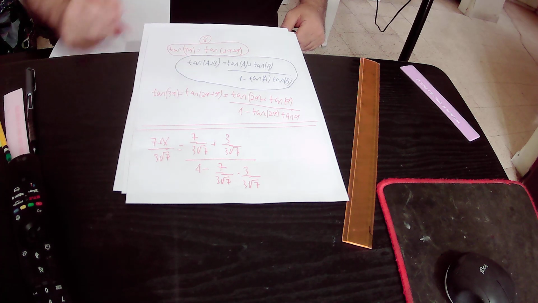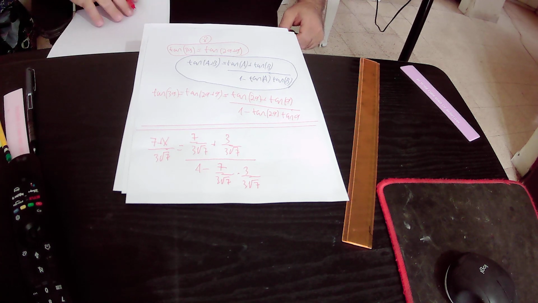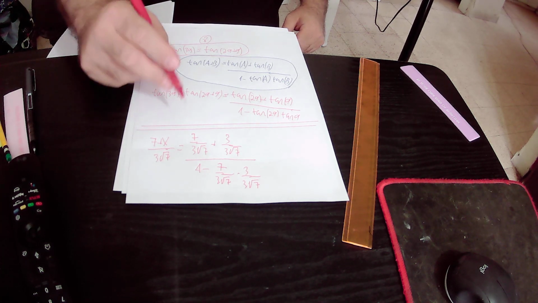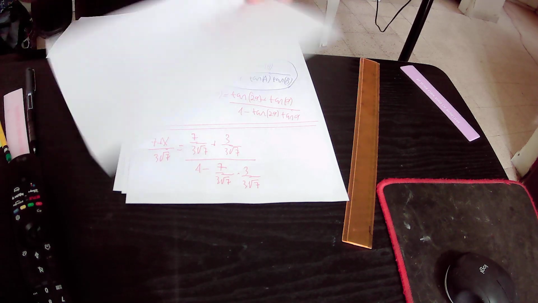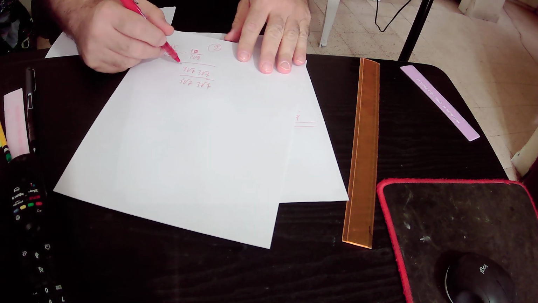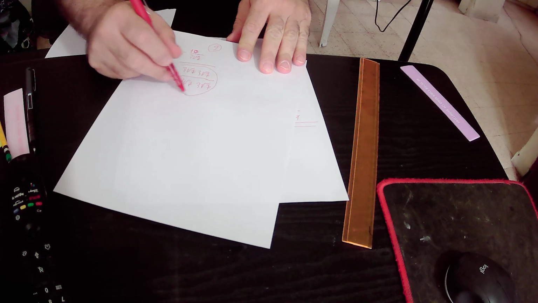over 3 times root 7, all divided by, as I have already said, we will substitute 1 by 3 times root 7 times 3 times root 7 over 3 times root 7 times 3 times root 7. As you can see, this expression equals 1.